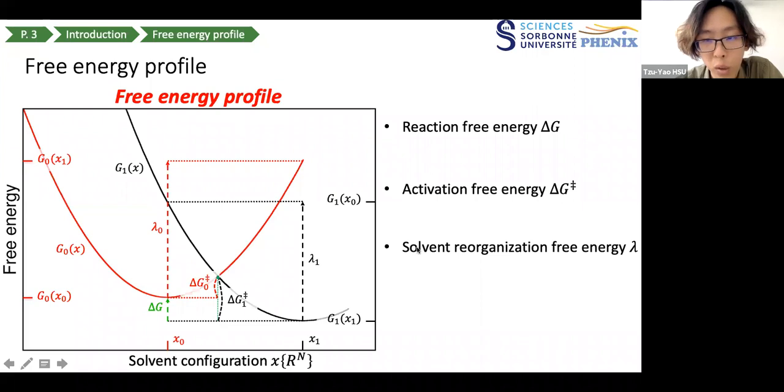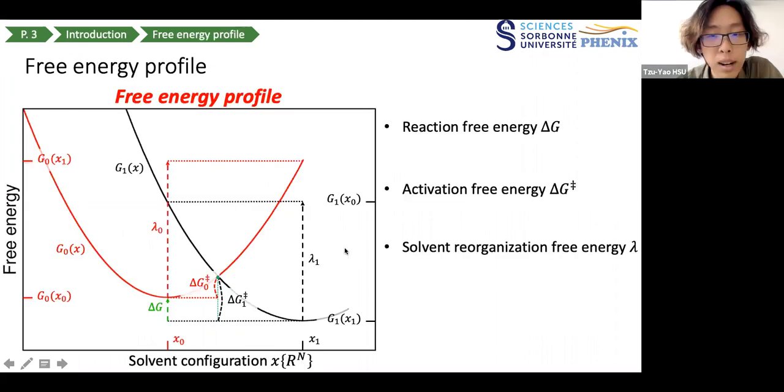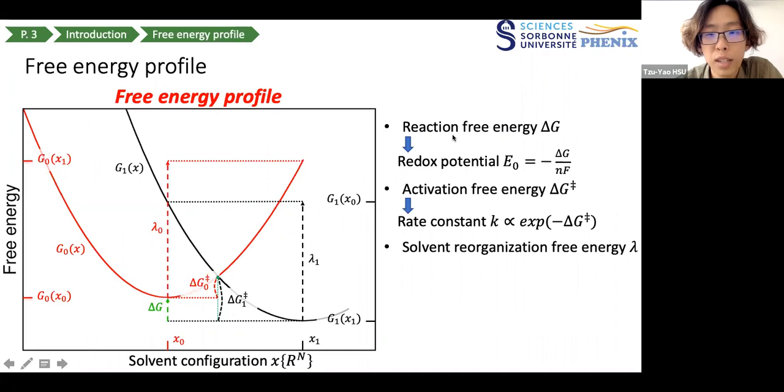And the solvent reorganization free energy is actually the free energy difference between step 2 and step 3 that I've shown before. And we can relate reaction free energy and activation free energy to the redox potential and the reaction rate constant of a redox reaction, respectively. And solvent reorganization free energy can be used to relate them.